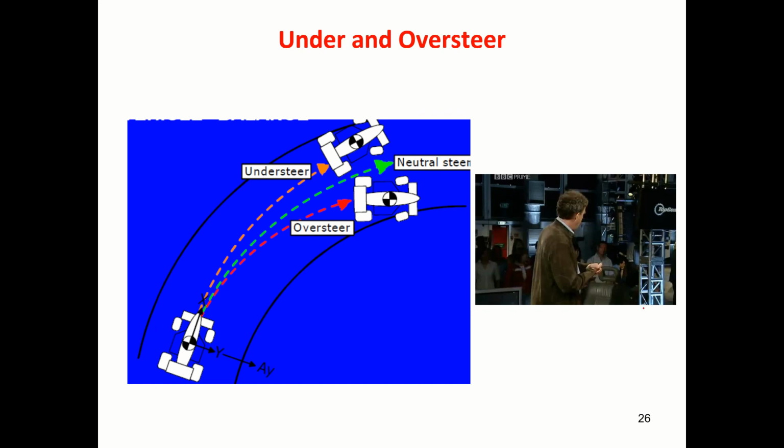Sometimes we use the terminology understeer and oversteer. I'll deal with that in detail, but before going to that chapter, quite often we come across this. So what does it mean? Say it is cornering, meaning taking a turn, and your vehicle is supposed to follow the path in the green color. When I steer, taking a turn, it should follow this path.